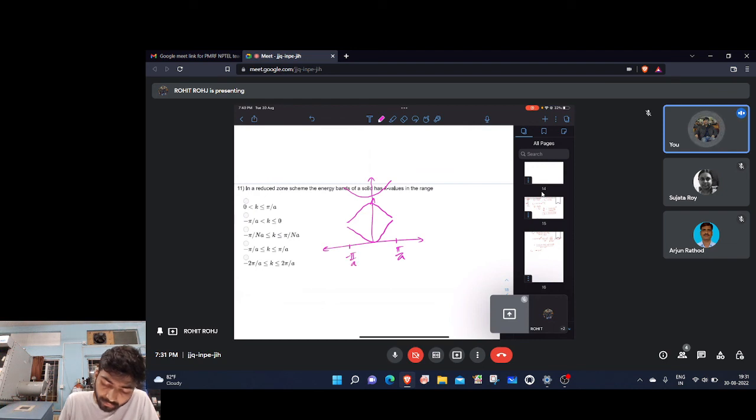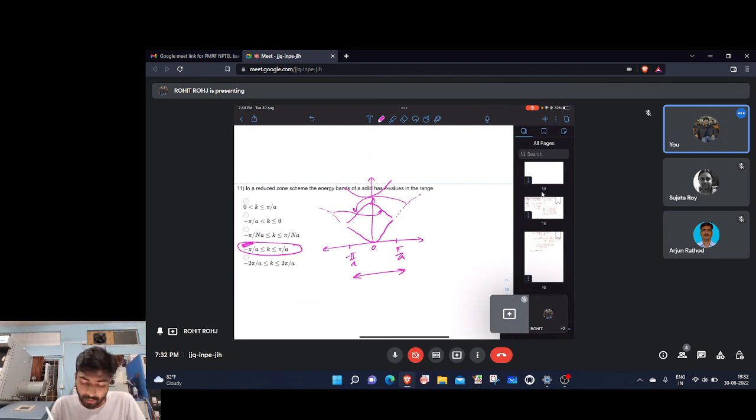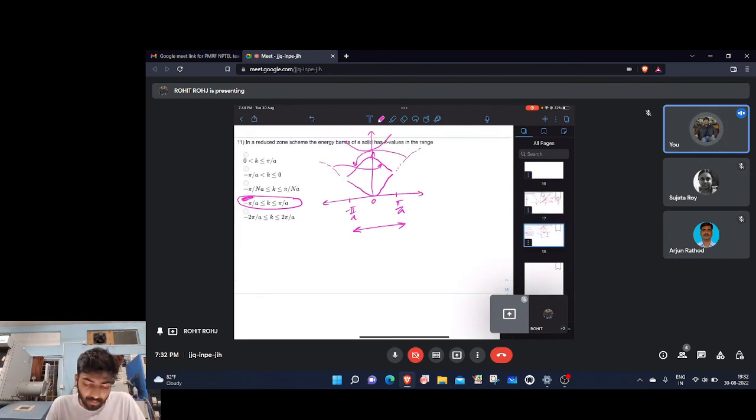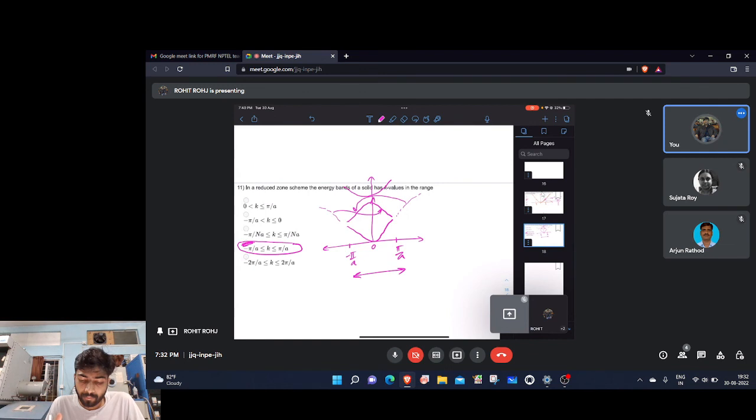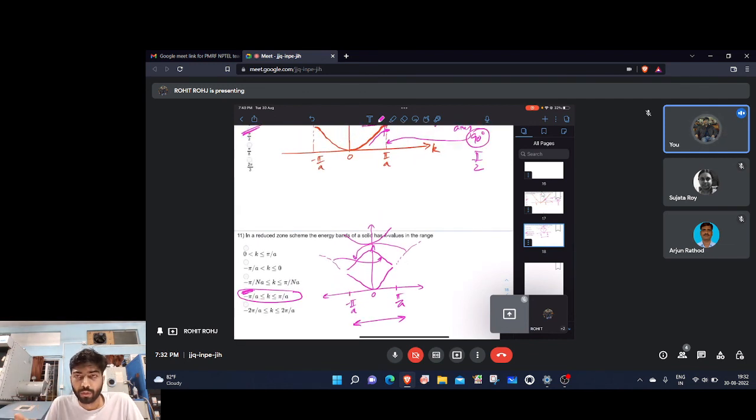What we have done is bring this part over here and this part over here. So in the reduced zone scheme, the k values lie in the range of minus pi by a to pi by a, and therefore our option is k lies between minus pi by a and pi by a. In this way we have solved the assignment for week 4.